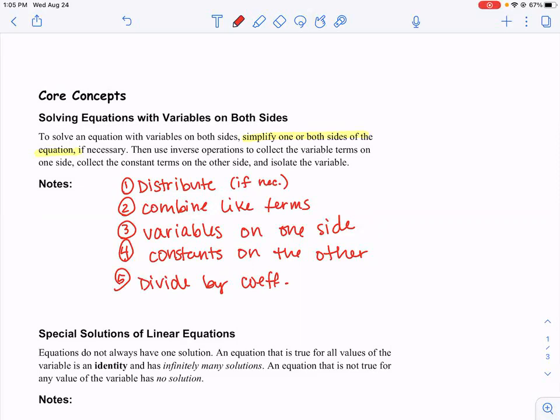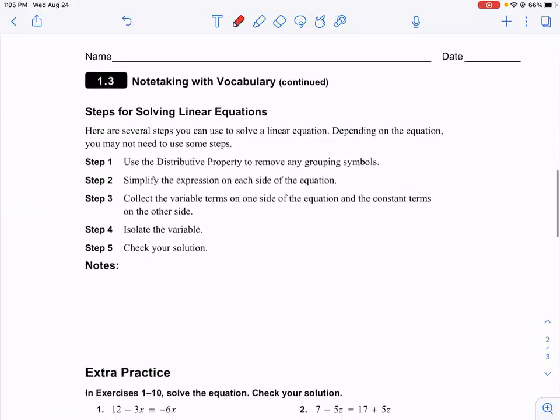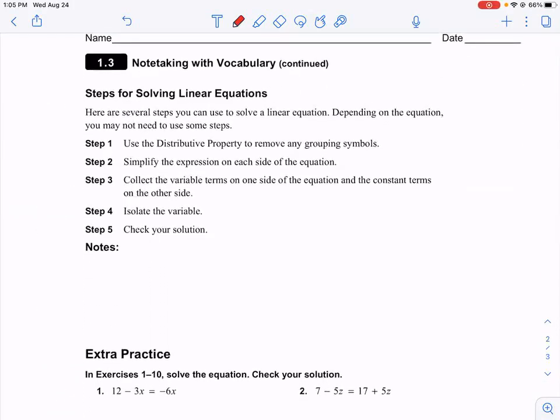Okay, so we are going to do some problems that are going to feel very familiar. And then we'll get into what happens if there's these special solutions right here. The next page has these steps right here. I want to point out this last one, check your solution.